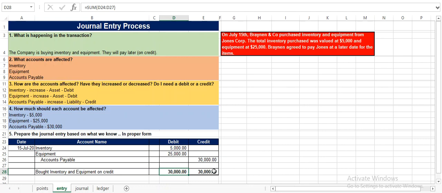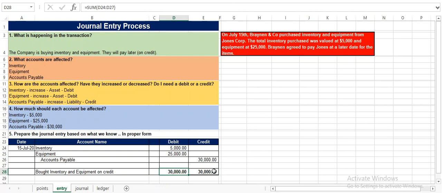Sometimes in the real world, I can have a journal entry with multiple accounts, over 10 accounts in one journal entry, but once I understand what should happen to each of those accounts, should it increase, should it decrease, does it debit with an increase or does it credit with an increase, and then how much was the value that that account is supposed to increase or decrease by, then I can prepare a journal entry. And once my journal entry is balanced, then I know I'm pretty much there into being correct.